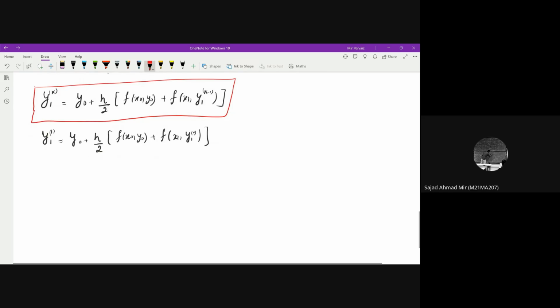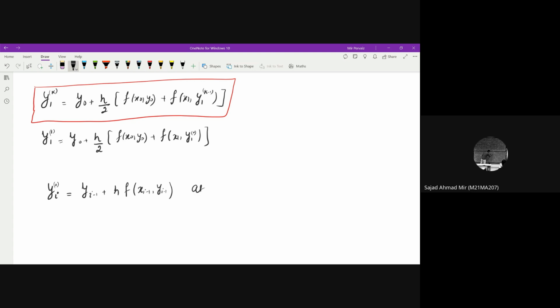Now for arbitrary yi, how can I write? So yi at the 0th approximation is given by the Euler's method. This is h times f of xi minus 1, yi minus 1.